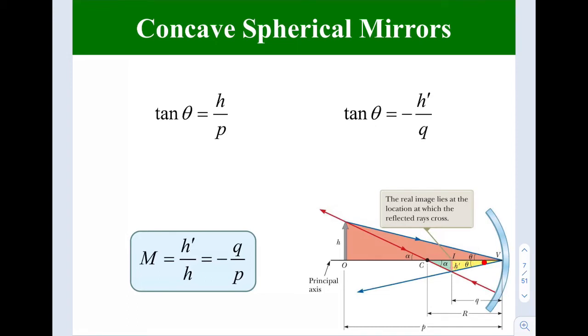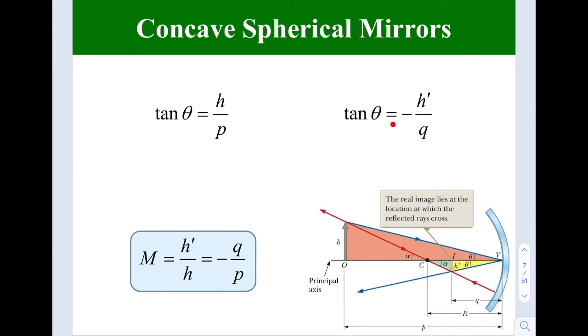For the yellow triangle here, tangent theta is also equal to negative h prime over q.